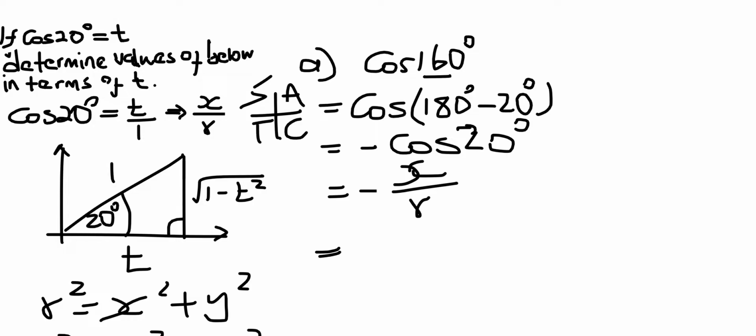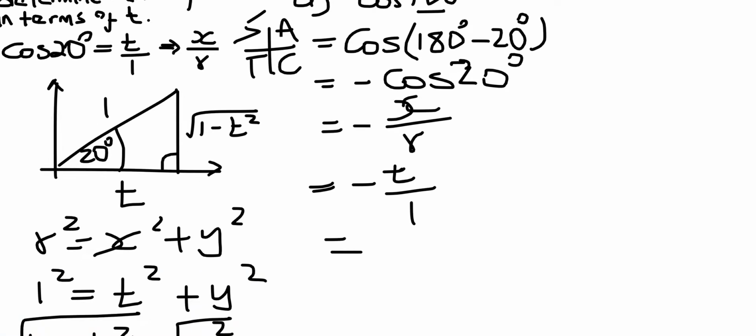So what is x? You still have your negative. X is t, and then r is 1. So that means actually the final answer would be negative t. That negative, I'm sure you remember where it comes from, in that quadrant where cos is negative.